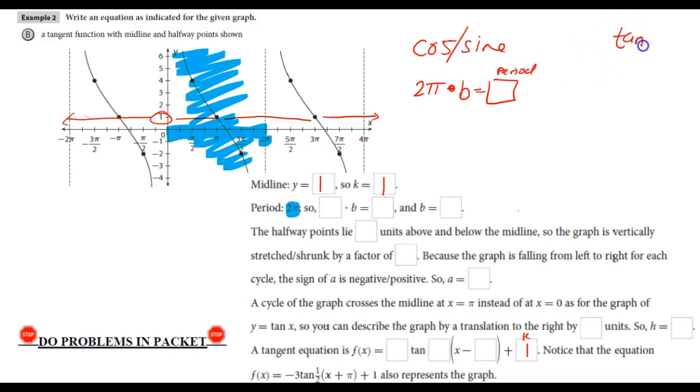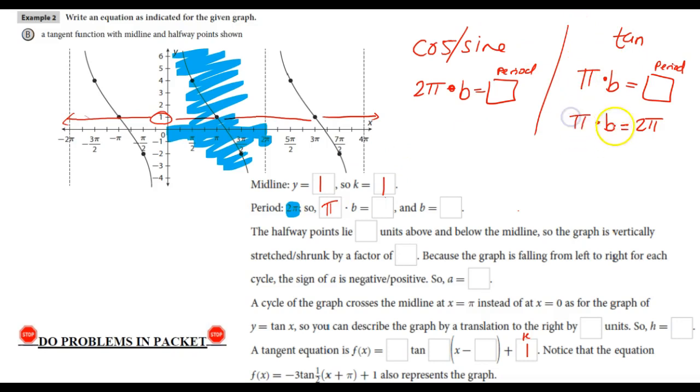For tangent, however, because it does look different, our equation to find our period for how long it goes on repeat would still be times b, but we're going to do it by pi. With that being said, think about it this way. I know my period is 2 pi. I know I'm going to be multiplying by b, now that I remember that I'm going to be multiplying by pi, just so you know. And keep this in your notes, by the way, write it down if you haven't already, okay?